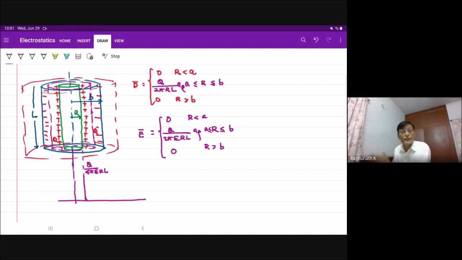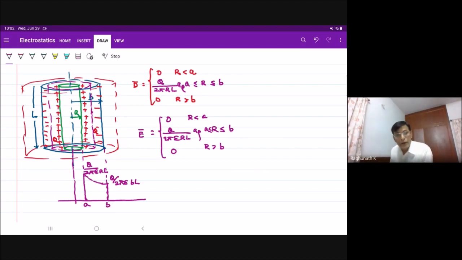Later on, it decreases as R increases beyond A. Then we reach Q by 2 pi epsilon B L at B, beyond which it is suddenly 0, because there is a surface charge density of Q by 2 pi B L. This is how it varies.